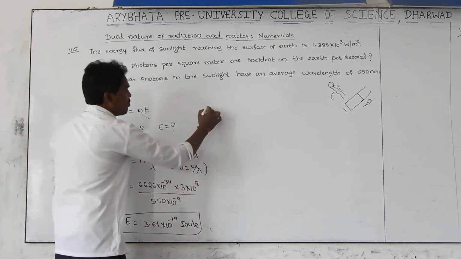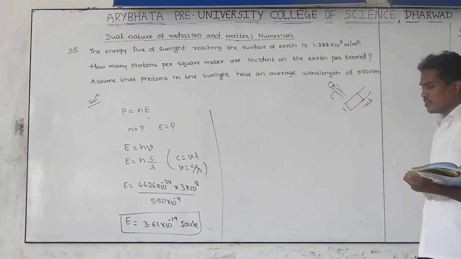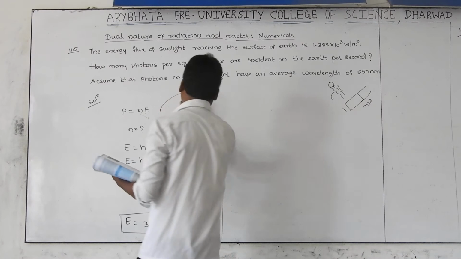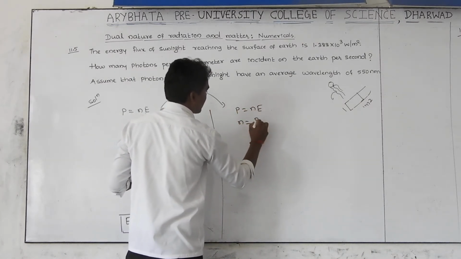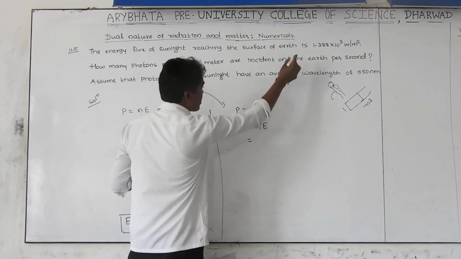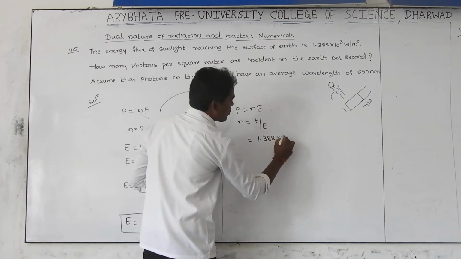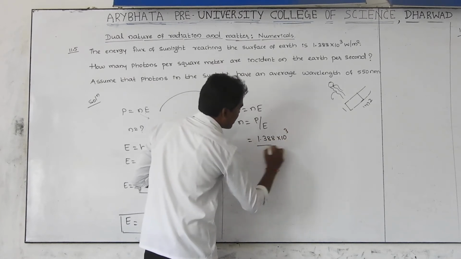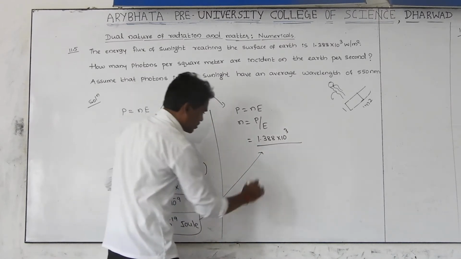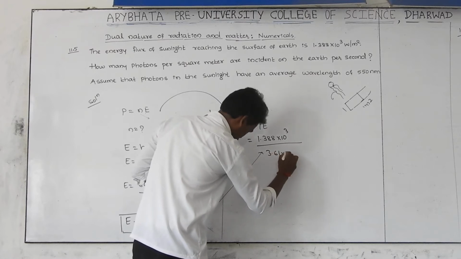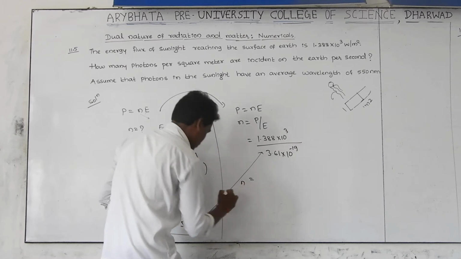Then you have to find the number of photons falling on the earth surface of area 1 meter square. Again use the formula P is equal to N E. N is equal to P divided by E. P is given, the power or energy flux, 1.388 × 10^3 divided by the energy of one photon, 3.61 × 10^-19 joule.